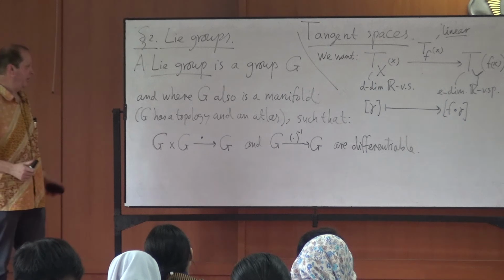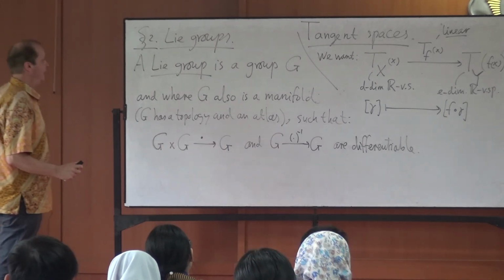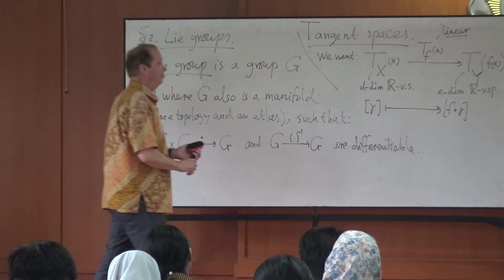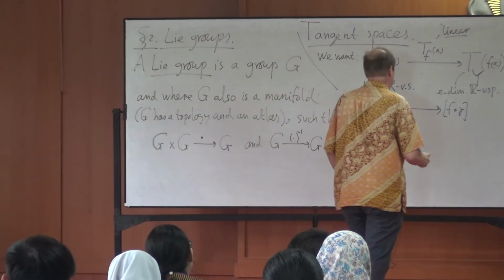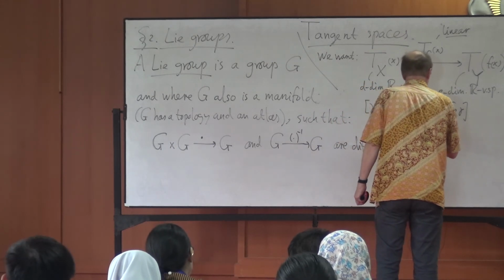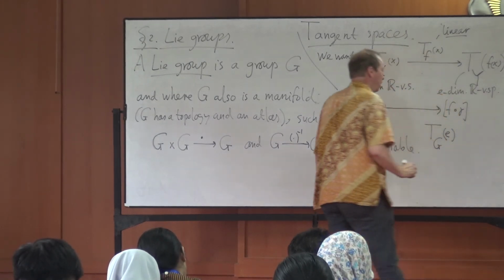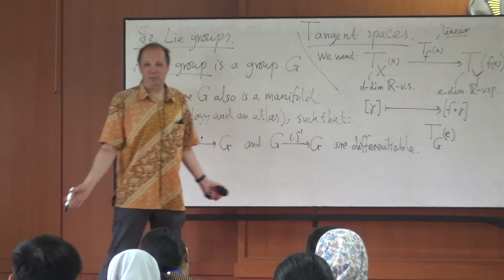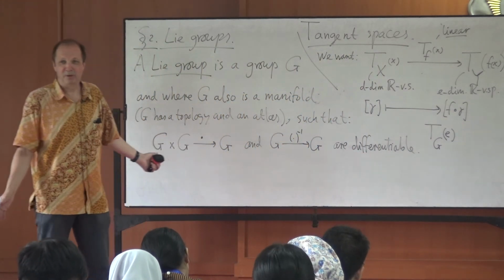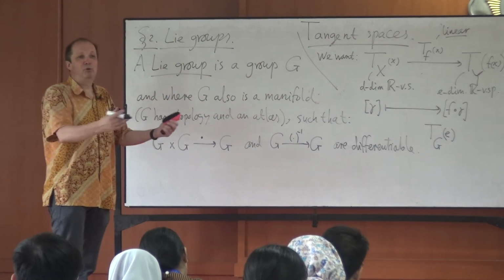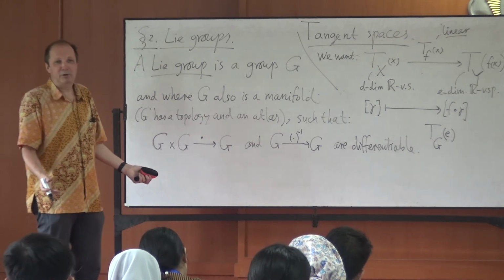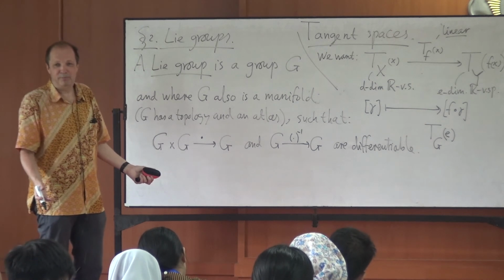Yeah? That's the definition of a Lie group. Okay? And what will be shown soon is that the tangent space at the identity element, TG. So we will give examples of Lie groups, right? So GL2 of R that we have seen a lot is a Lie group, for example.